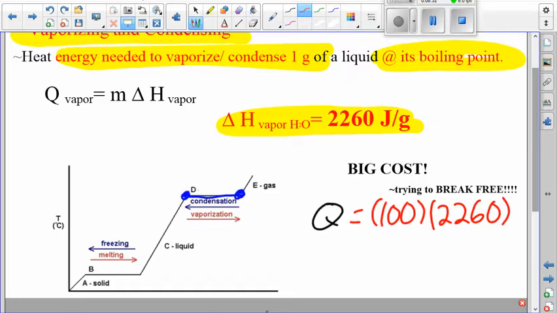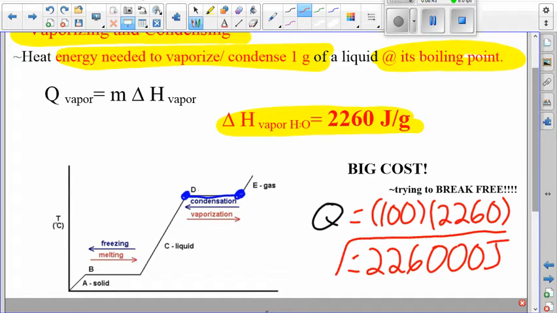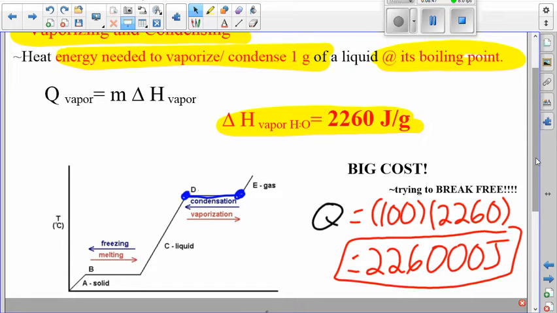So to boil 100 grams of water, you would have to add 226,000 joules. You guys were boiling about 250 grams of water during your lab, so you put a whole lot of energy into that water, which is why the 3-finger flame is so important, because it maximizes the joules you're sending in there per minute.